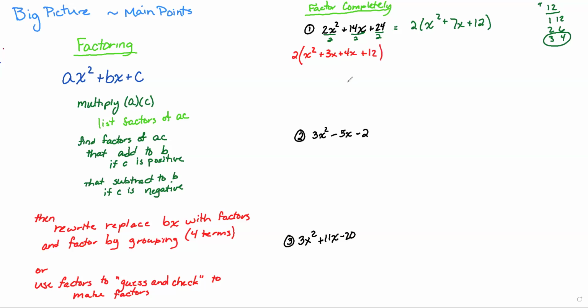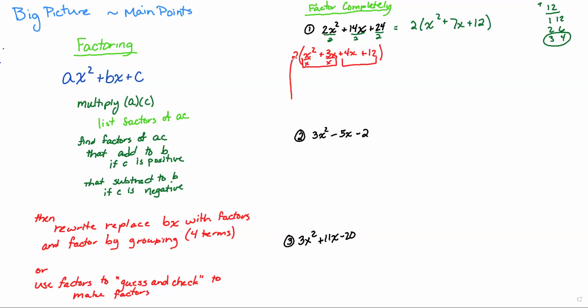Now, there's a whole bunch of other ways to do this. This is a nice one, so there's a lot of shortcuts. But if I'm going through and looking at what I have, this will work for every single possible case. I'm going to be grouping 2 at a time. Look for your GCF. So there's an x and an x from these two.